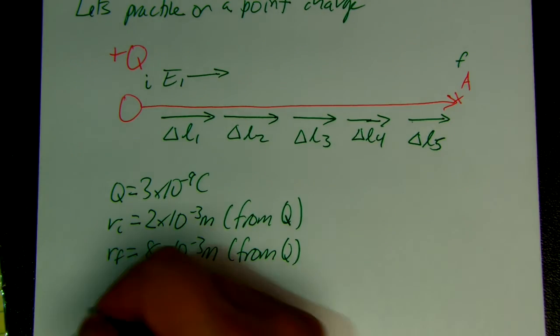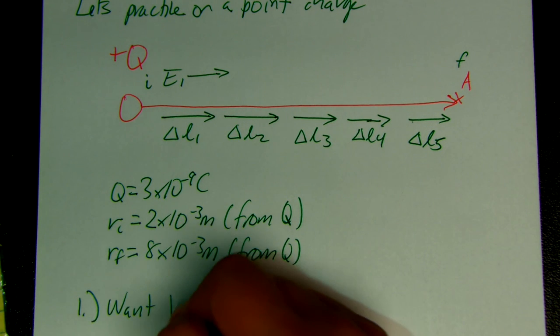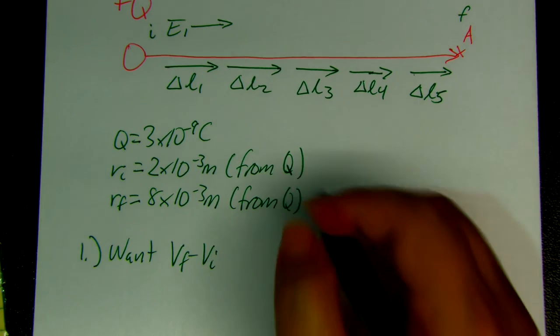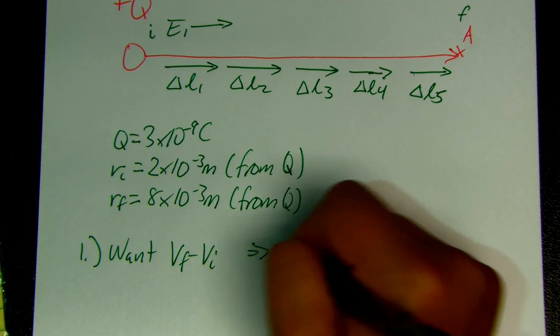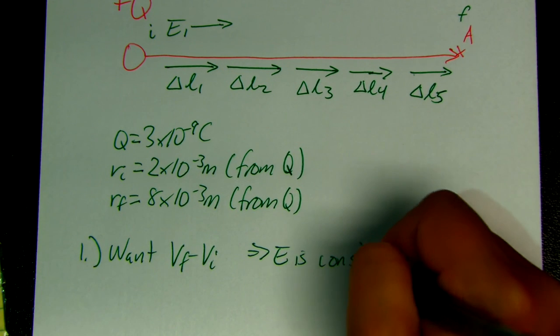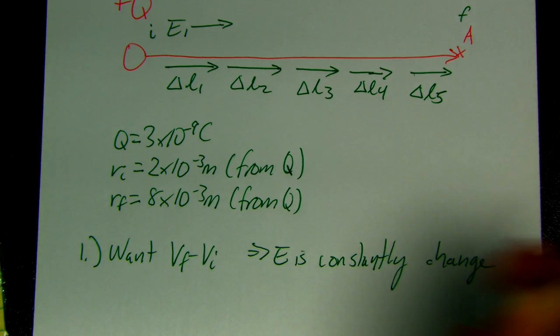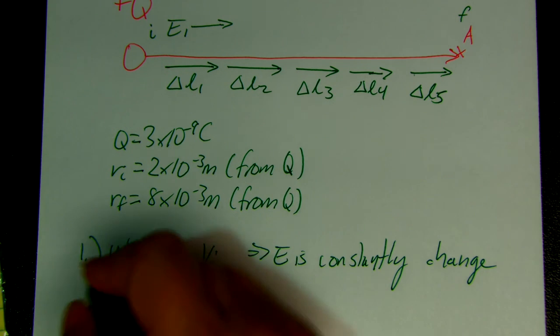Okay, so step 1. We want V final minus V initial. We know E is constantly changing, so we can't just do a straightforward E times S. We're going to cut it into pieces.